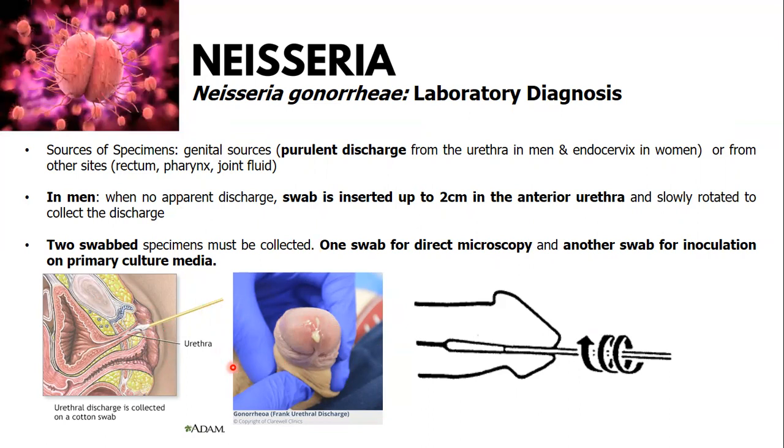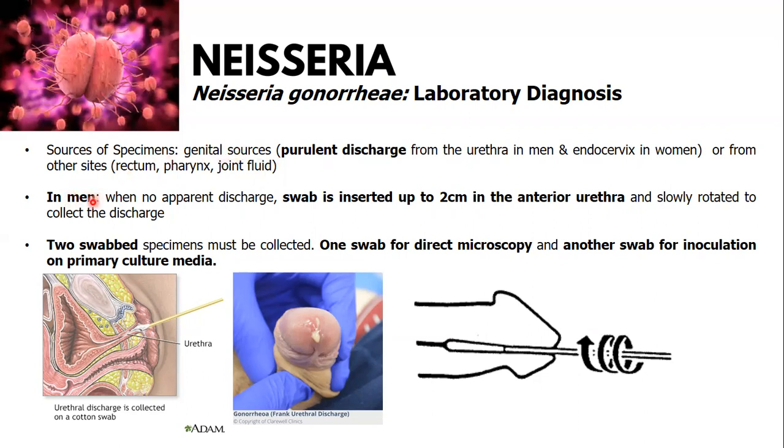However, they can also be isolated from purulent discharges obtained from the rectum and pharynx for those men and women who practice unsafe oral anal sex. And joint fluids can also be collected for those patients with disseminated gonococcal infection.